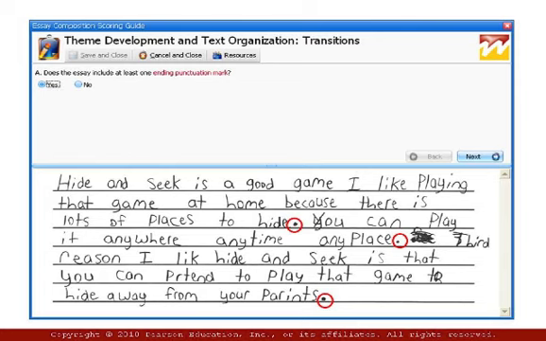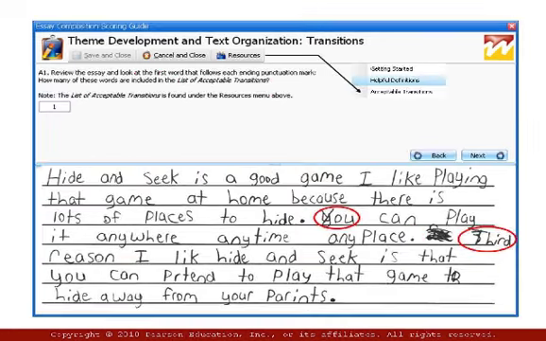Then it takes you further. Review the essay, look at the first word that follows each ending punctuation mark. How many of these words are included in the list of acceptable transitions? And you'll notice right here as you're working through the scoring software, you can actually pull up the list of acceptable transitions. It'll come up in a separate box for you.